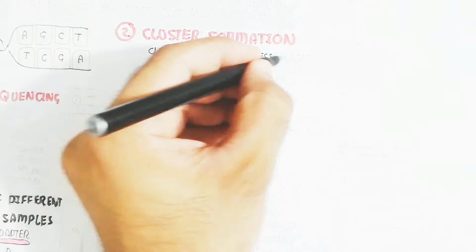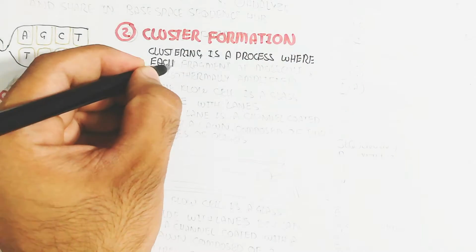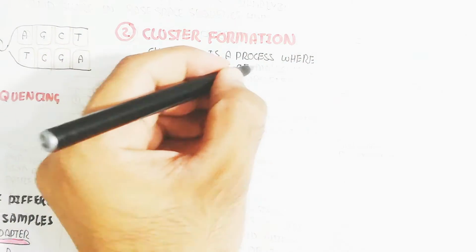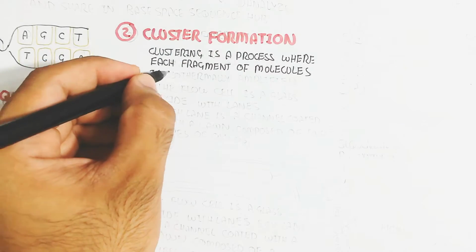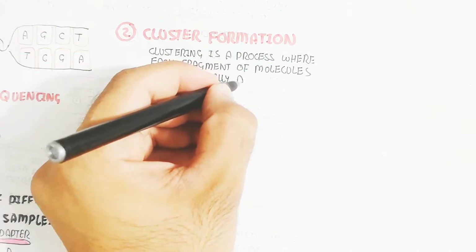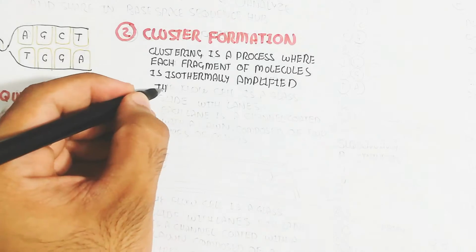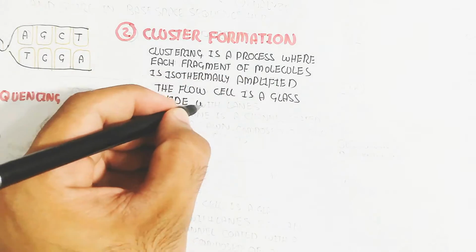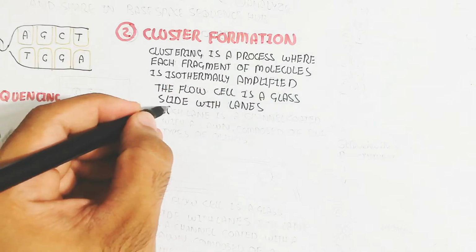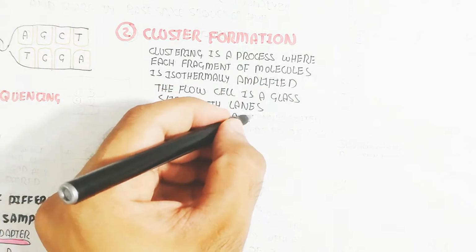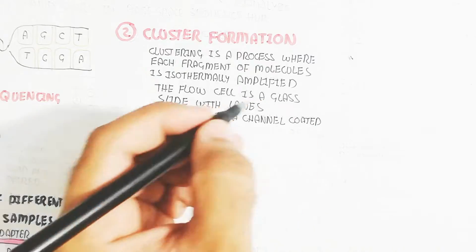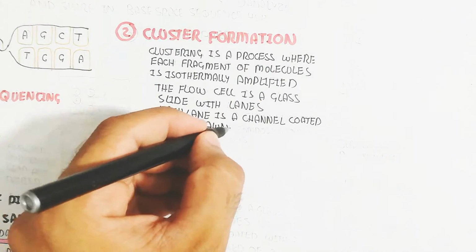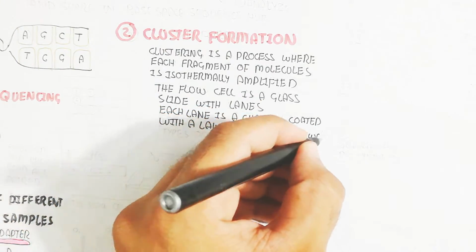So let's discuss cluster formation. Clustering is a process where each fragment molecule is isothermally amplified. The flow cell is a glass slide with lanes. Each lane is a channel coated with a lawn and composed of two types of oligos, oligo 1 and oligo 2.